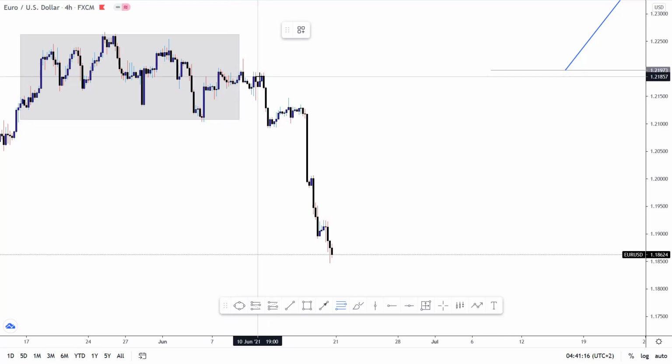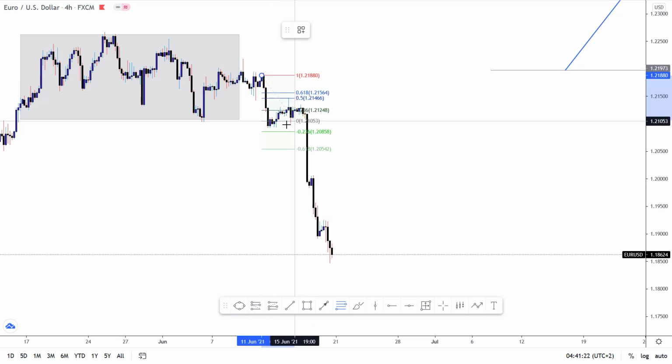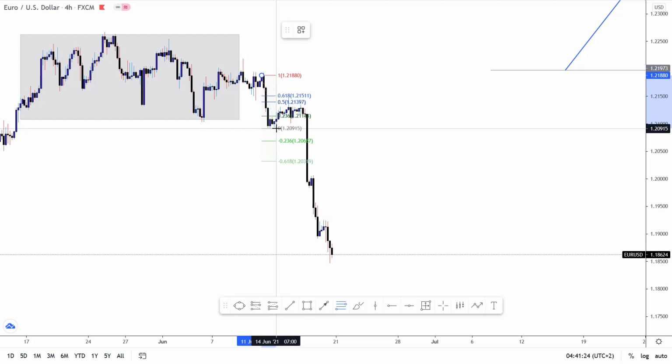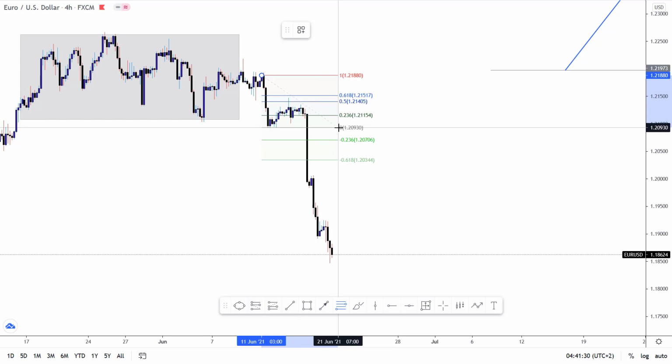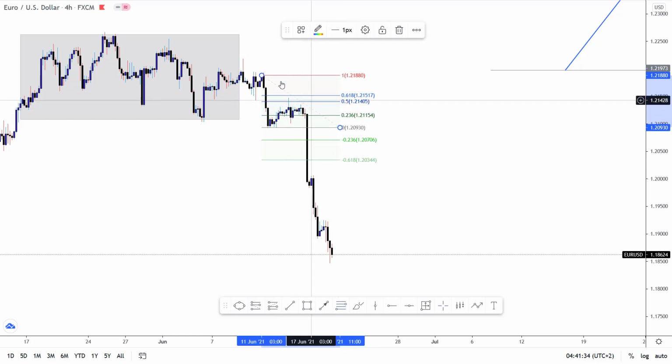I'll then take a Fibonacci and place it here at the bodies of these two candles and put the far end, my zero, here at the wick to try and capture price. And I wait for price to come back to premium because we are selling premium, and look what happened.